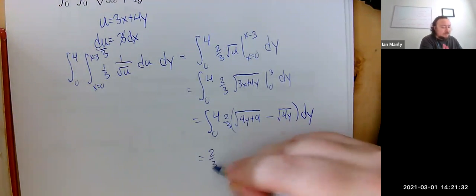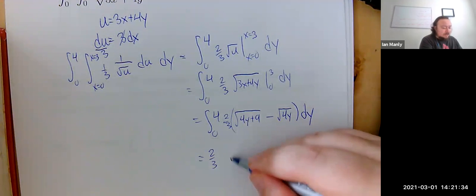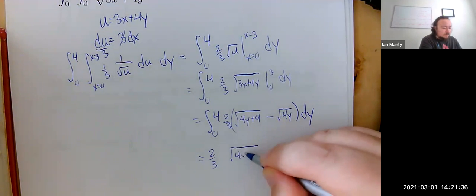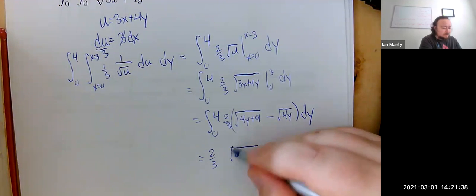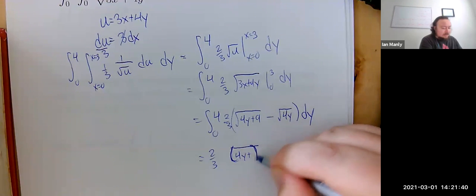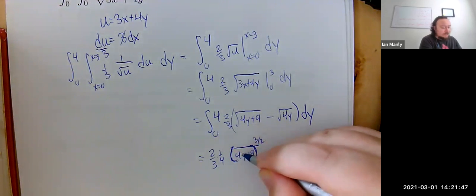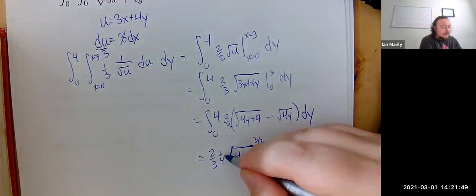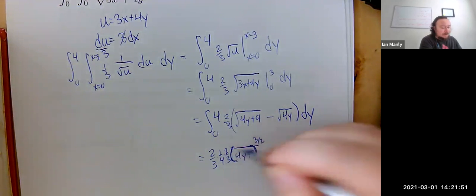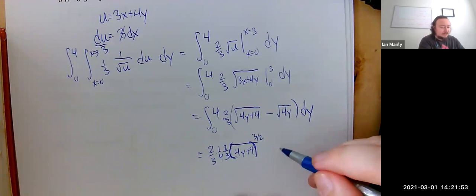So we have the 2/3 from earlier. It's going to be not the square root, but this to the 3/2, 4y plus 9. I divide by a 4 because of this 4, and then I divide by 3/2 because of the power rule, and get this.